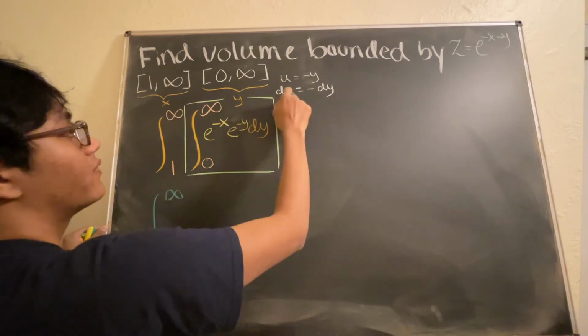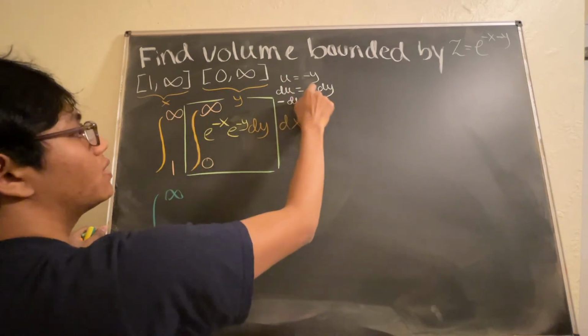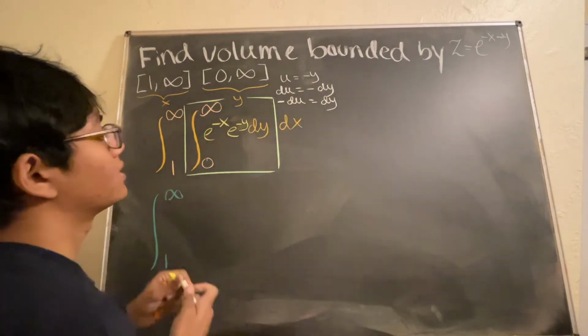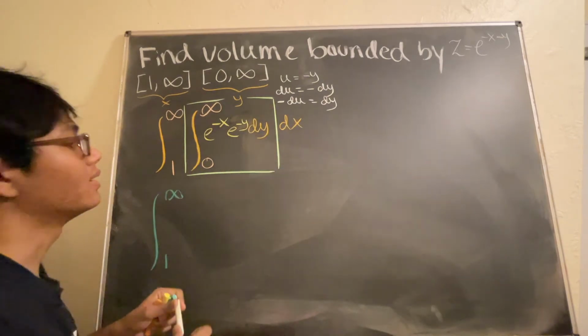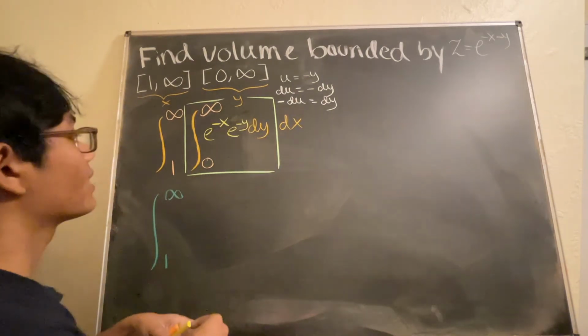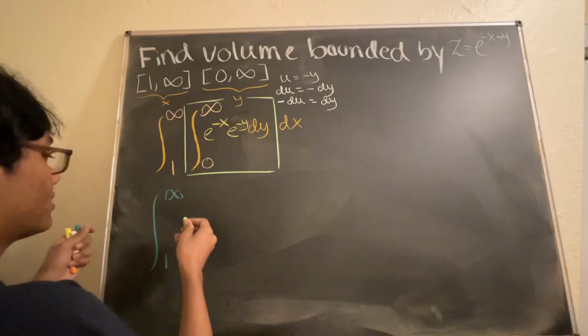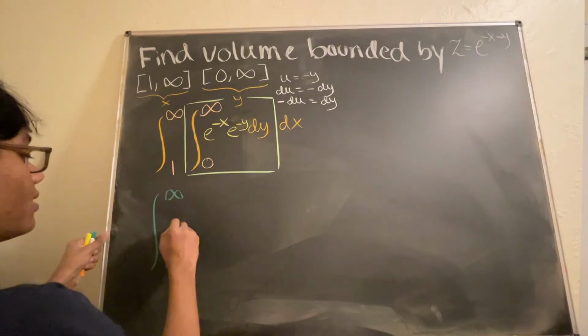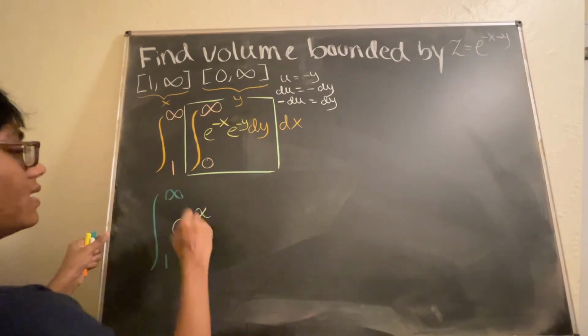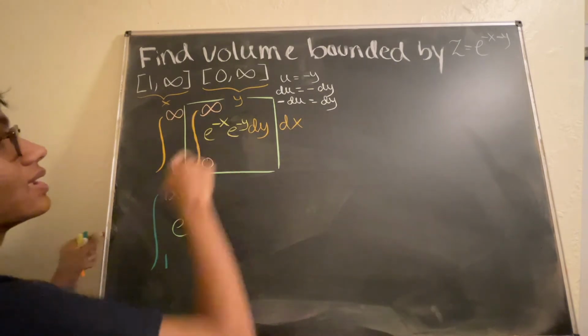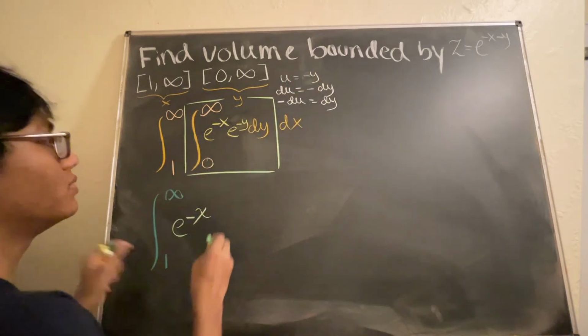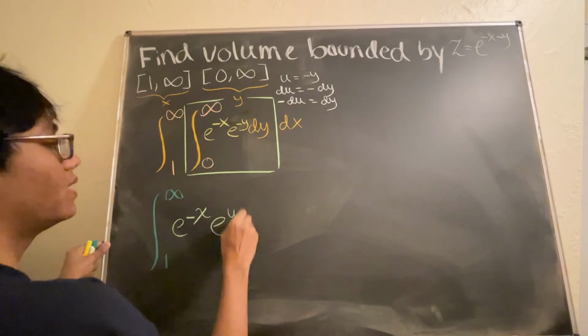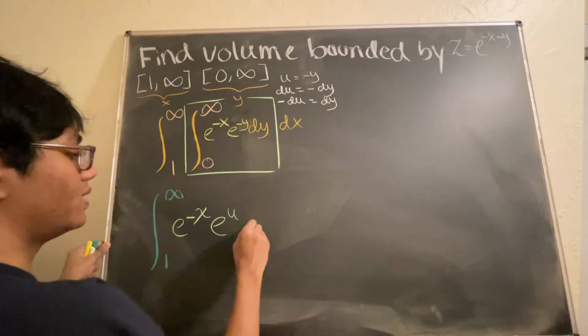So negative du equals dy. And so now I can just plug that back in. E to the negative x times e to the negative y, but of course negative y is u. So e to the u, and instead of dy, I'll put negative du.